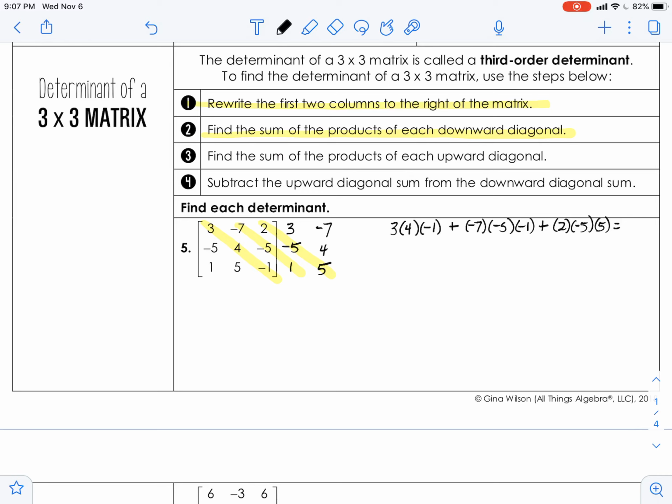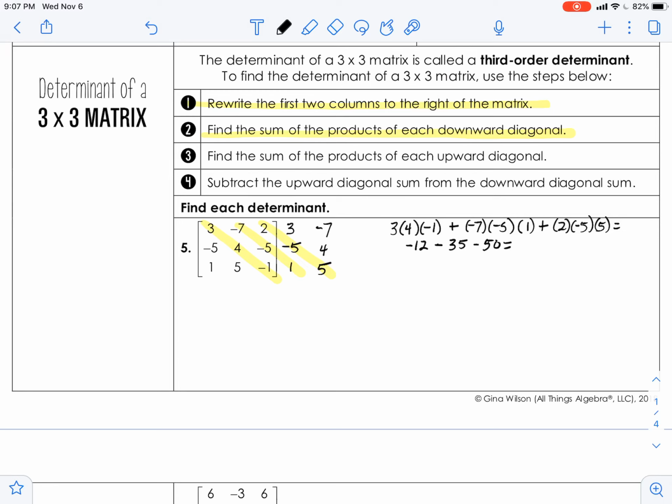So let's go ahead and get that multiplied out. So I have a -12, and then 35, so that would be -35, and -50. So again, double check my math on there. Oh, that's a +1. Okay, did you guys catch that?